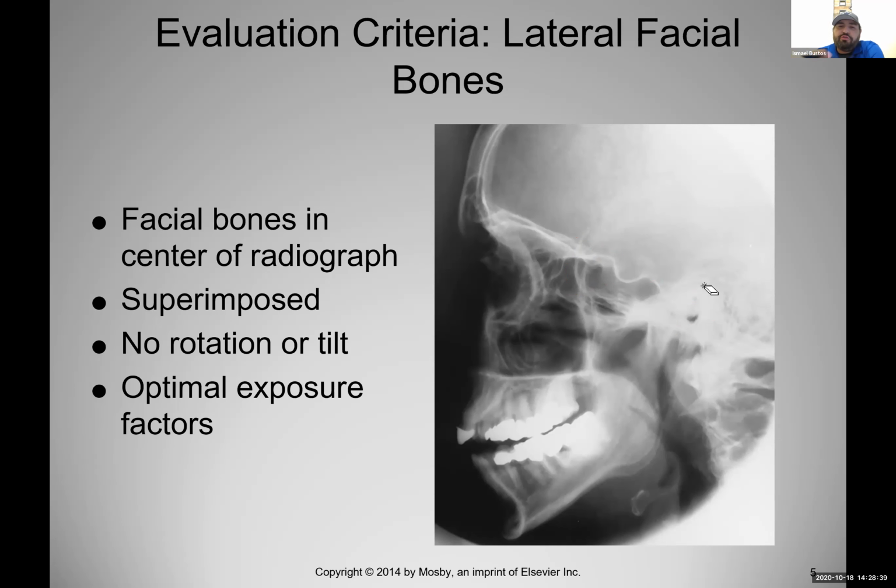However, the first structure you should look at would be the orbital plates or orbital roofs, which are right here. Now we do see that there's one there and there's one on top. So that means that there is a little bit of superior inferior separation, which means that there is tilt. That's the structure you look for tilt, and for the rotation you look for the mandibular rami. And of course make sure your optimal exposure factors are there, sharp lines, bony trabecular markings.